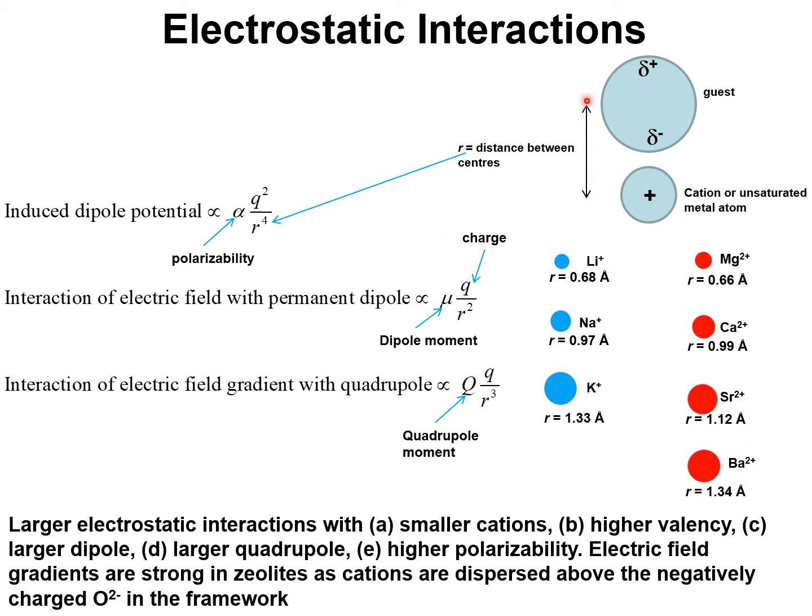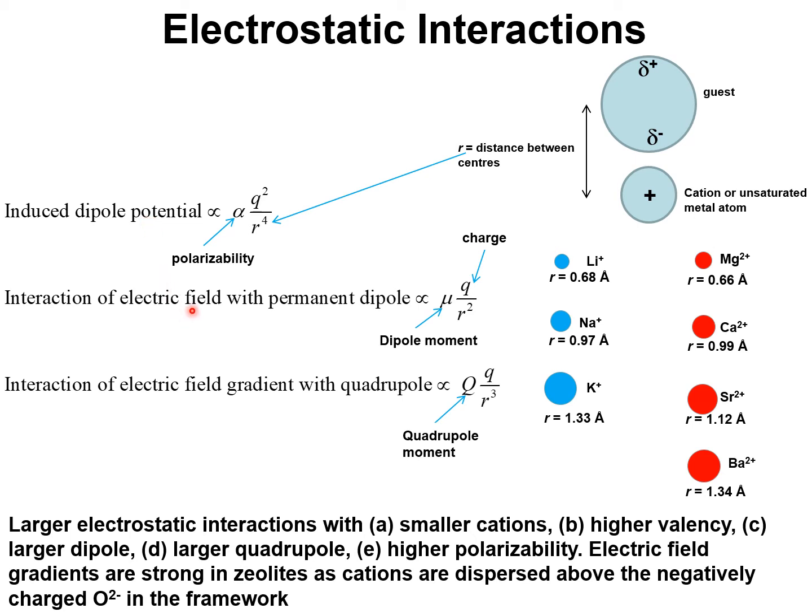Let R represent the distance between the center of the gas molecule and the center of the cation. Basically, we can distinguish between 3 types of electrostatic interaction potentials. One due to induced dipoles.